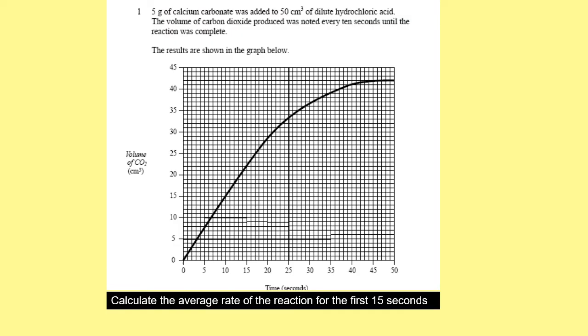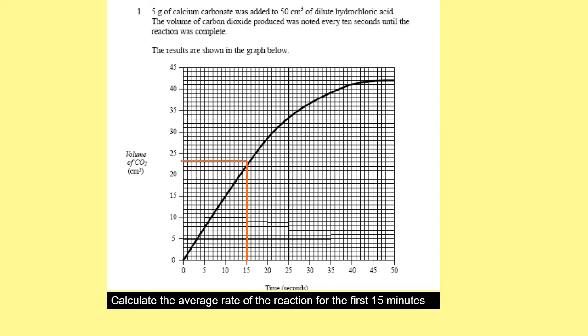So for this one, you're told that 5 grams of calcium carbonate was added to 50 centimeters cubed of dilute hydrochloric acid. The volume of carbon dioxide produced was noted every 10 seconds until the reaction was complete. And this graph shows the data that was plotted from that. Now the question that you're asked is to calculate the average rate of reaction for the first 15 seconds. So it might be difficult to do this off a screen if you're watching the video.